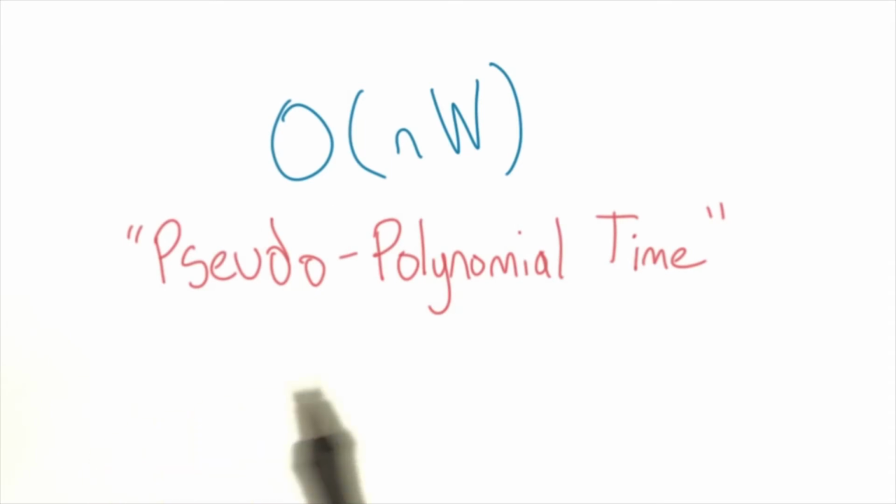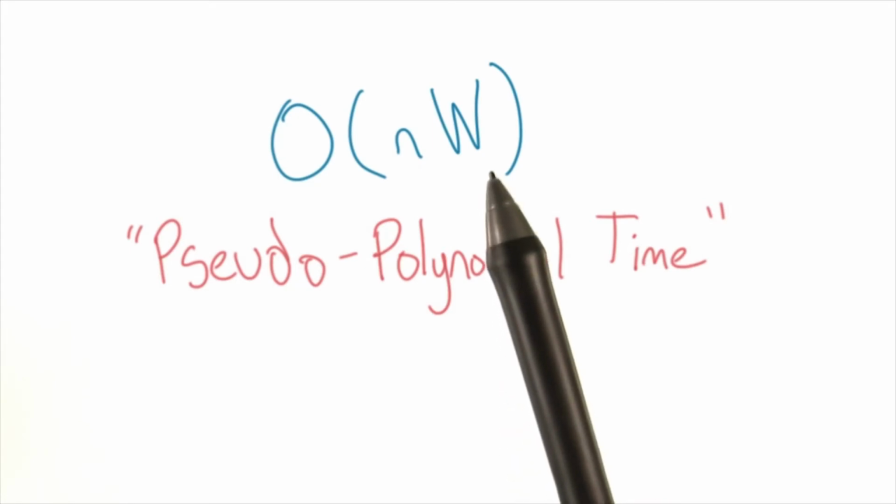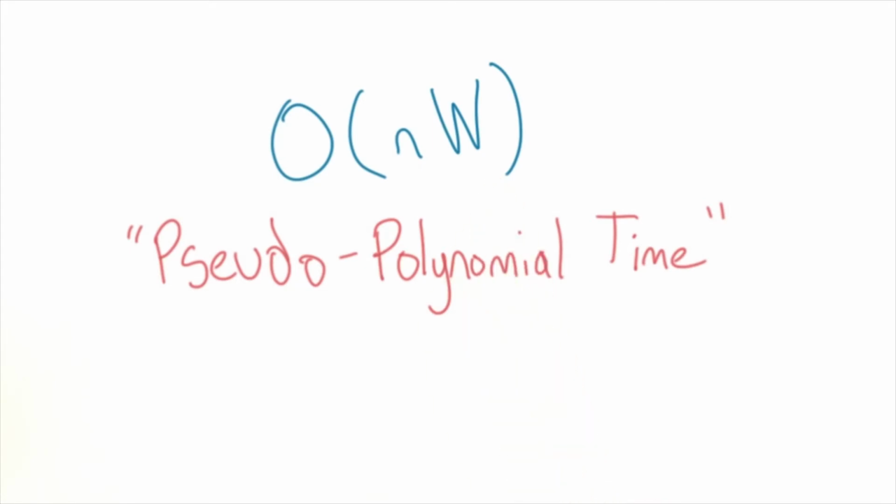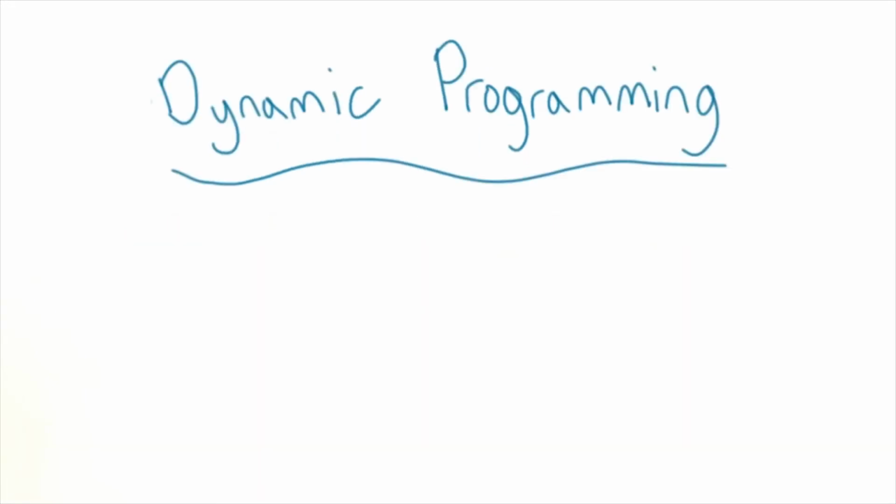This is a pseudo-polynomial time solution. A true polynomial runtime wouldn't have a variable besides n. I reiterate, polynomial time algorithms are much faster than exponential time algorithms for big numbers, so the solution here is generally faster. The knapsack problem shows the beauty of a technique called dynamic programming.